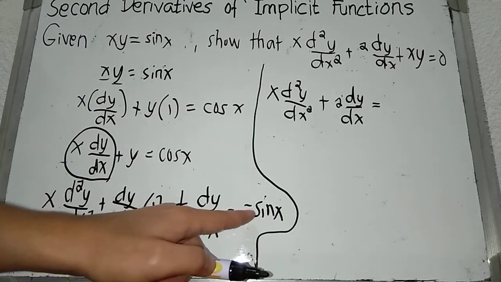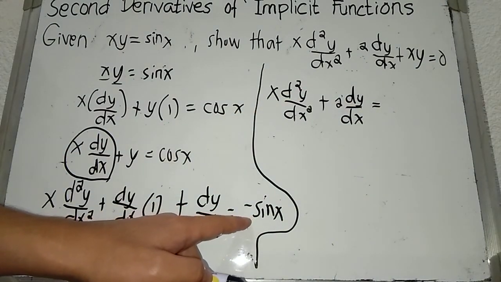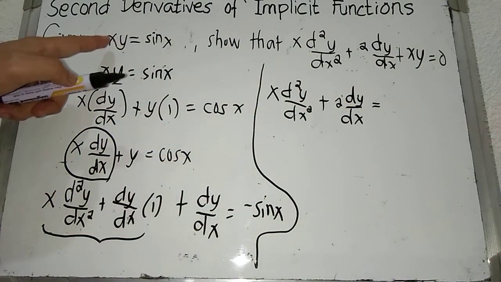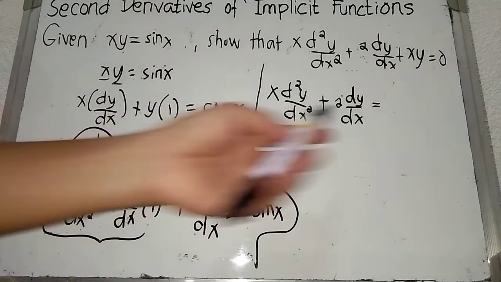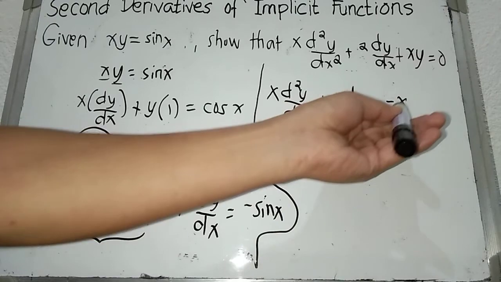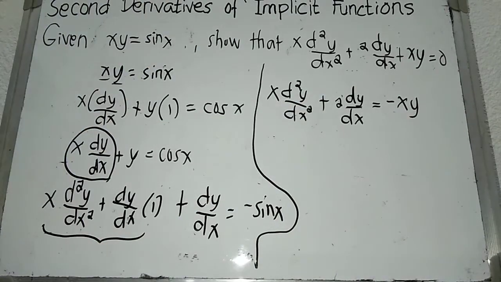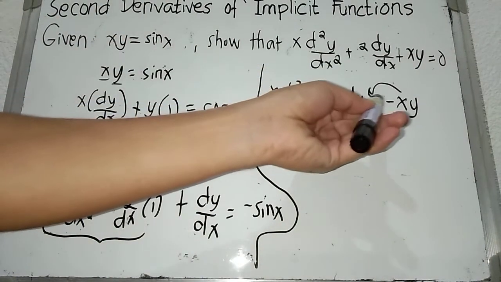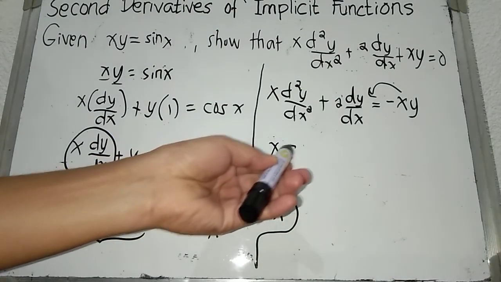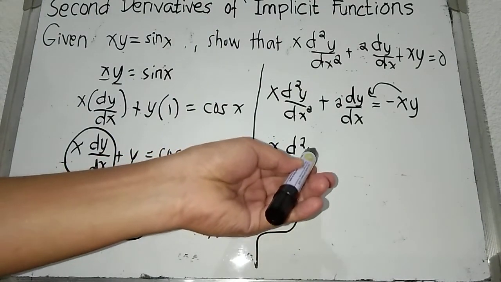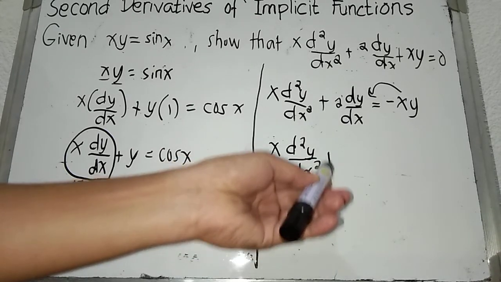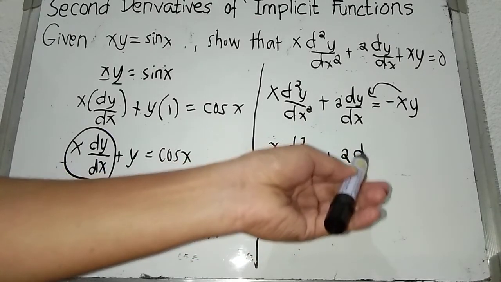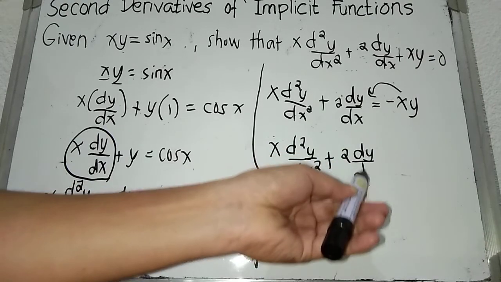equals, now what is negative sine x? Negative sine x is equal to what? Negative xy, coming from the original implicit function. So this will become negative xy. Now transposing negative xy, this will become x, second derivative of y, plus 2 dy over dx.